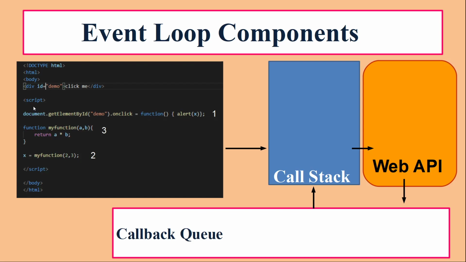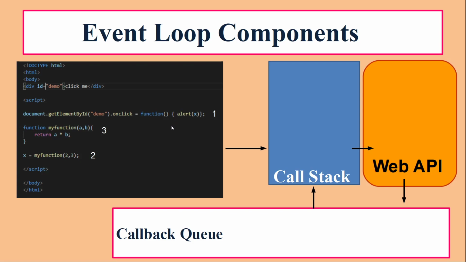However, we haven't declared what the X value is. So in other languages, because this isn't declared, it would create an error. However, because of the event loop, this code doesn't create an error, and we'll look at why.